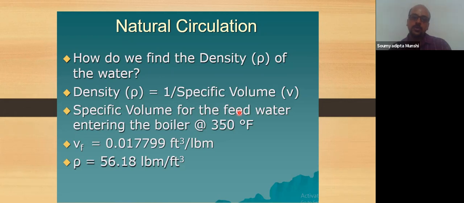At 350 degrees Fahrenheit, the specific volume is 0.01799 per pound. If we put the value here, we get the density as 56.18. This is the density in natural circulation when the water comes to the generating tube from the downcomer.